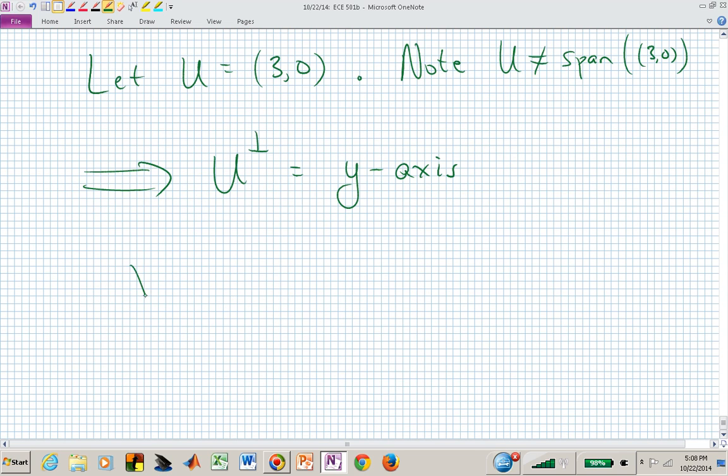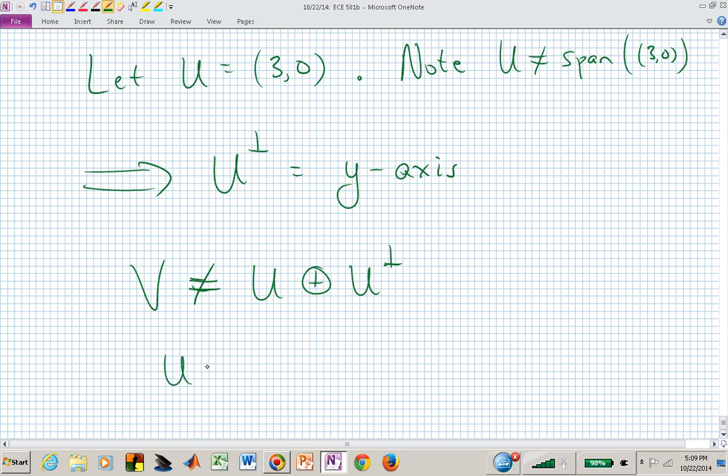But hopefully it's clear that V is not the direct sum decomposition of that vector (3, 0) with the y-axis. You can't get to every point in R2 by taking anything in the y direction and just allowing it to go over 3 units in the x direction.